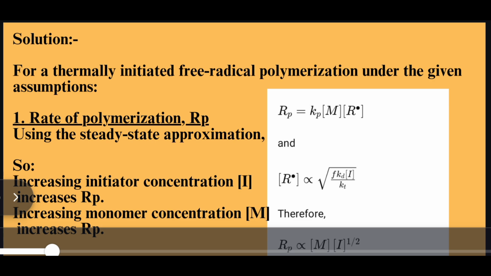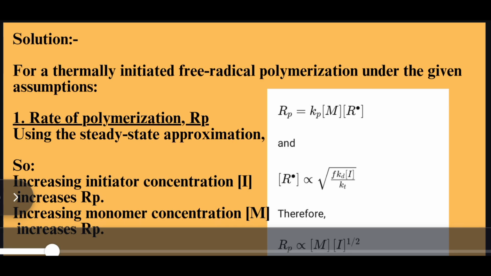For thermally initiated free radical polymerization, under the given assumption, we find the rate of polymerization Rp using the steady state approximation. So increasing initiator concentration I increases Rp, and increasing monomer concentration M increases Rp.